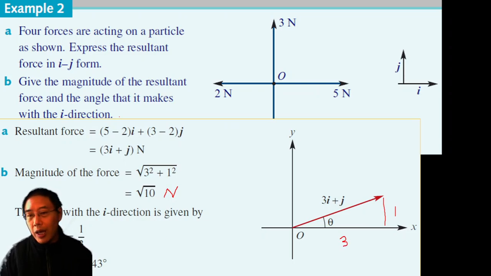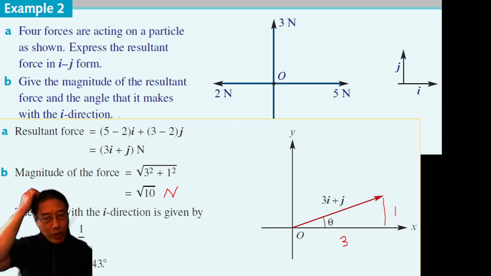You use your CAS to do the inverse tangent of 1 over 3, and that's your angle. Make sure your calculator is set in degrees. If it's set in radians, as long as you specify the units, you should be fine. It's going to be annoying for an examiner as they will probably have the answer in degrees, but they should be able to do the conversion.